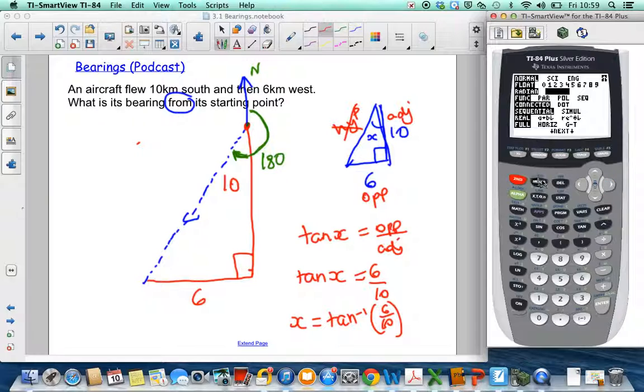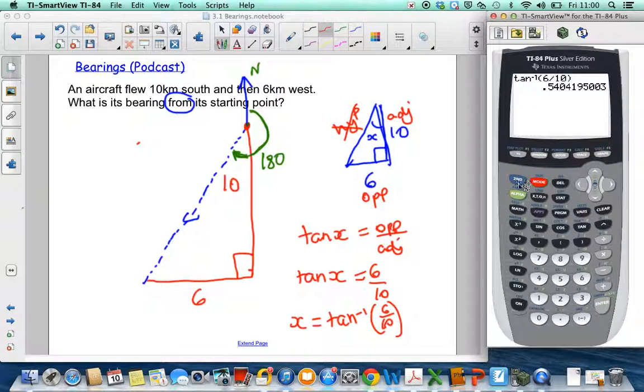Remember, if you're not on the right mode, you'll normally get weird answers that don't really make sense. That doesn't make sense. Maybe it's still on radians. We knew it didn't make sense, because of the radians. Okay, let's try now.